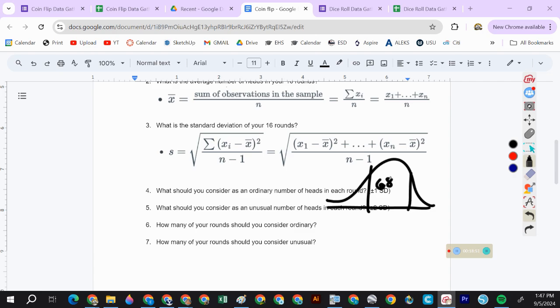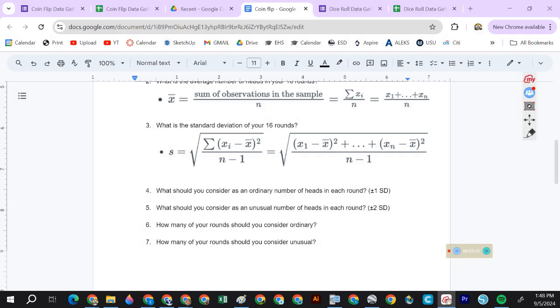About 68%, according to the normal curve. About how many would we consider to be unusual? Well, 2 SDs gives me a 95% window, which means these 2 tails add up to 5%. So about 2/3 of the time, you should be within 1 standard deviation. And about 5% of the time, you should be outside of 2 standard deviations. All right, next page.